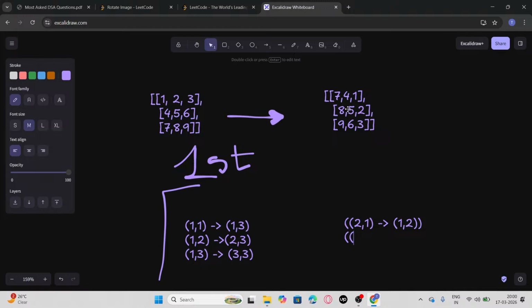There has to be some way of rotating this. But what could be the way? How do we do that?